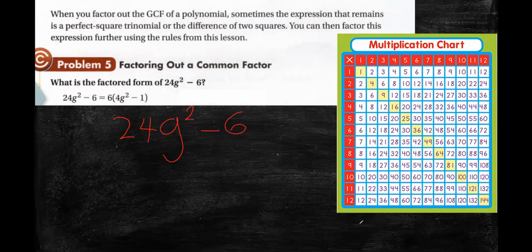Look at the first term here. Is 24 a perfect square? No. And 6? No, also. So I cannot use the difference of two squares. The difference of two squares only works with square numbers.